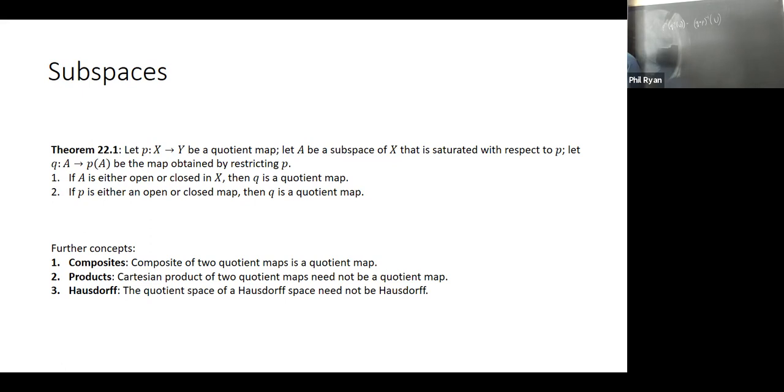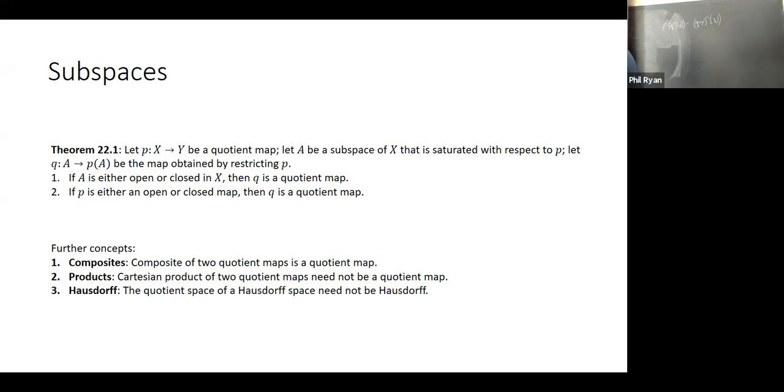So remember, the T1 axiom is that finite sets are closed. All you need for a quotient space to be T1 is for equivalence classes to be closed sets, right? Because equivalence classes get taken to a point, and so if you've got a closed set here, that tells you that that point is a closed set in the quotient space. So that's pretty straightforward.